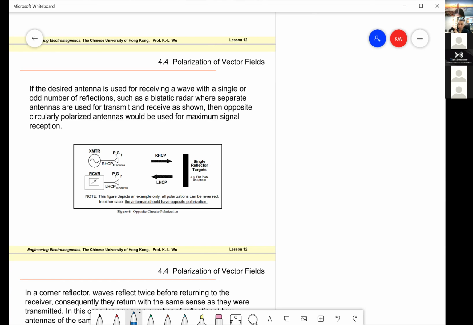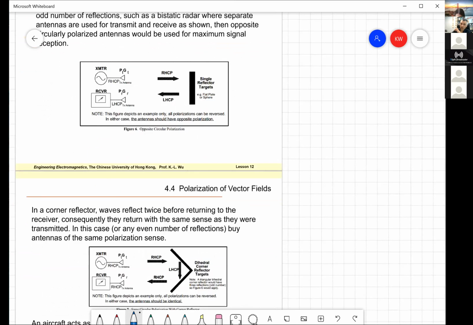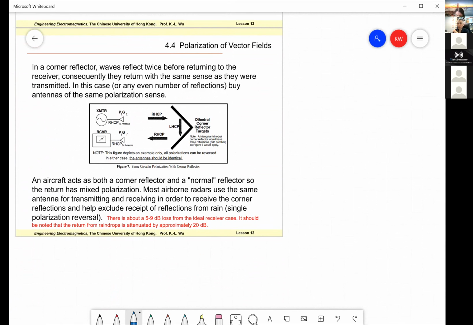This is one of the facts. Another fact: if you have two conducting plates, say a reflecting corner, when the right-hand wave hits a conducting wall, you get a left-hand wave reflected, and then it reflects again, so it becomes right hand.